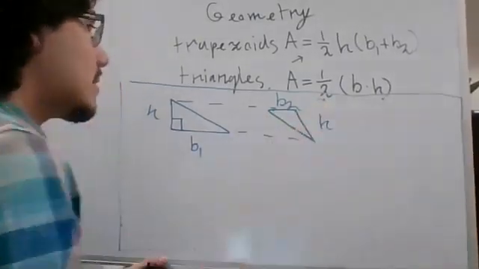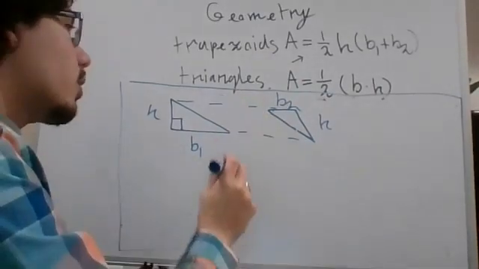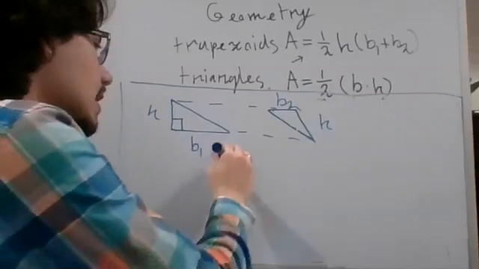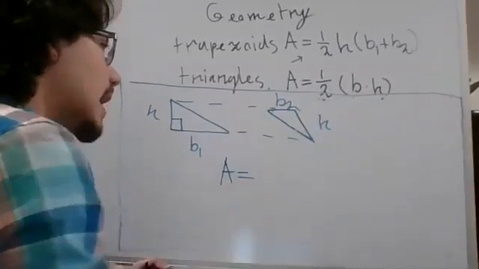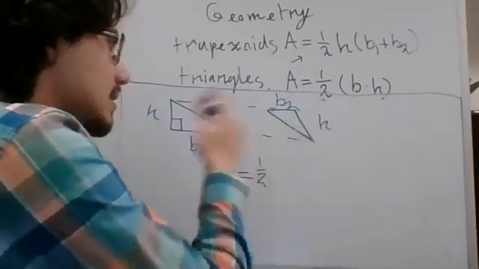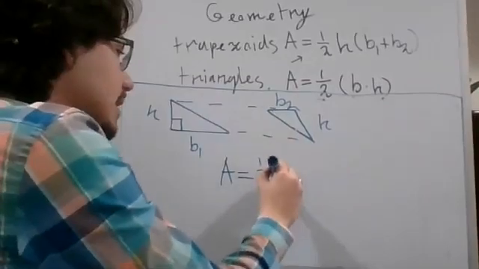Because they have the same height, but different bases, what we can do to find the area of both of these triangles together is by writing the area as 1/2 base times height, because that's the area of a triangle. So we know that it's the same height.